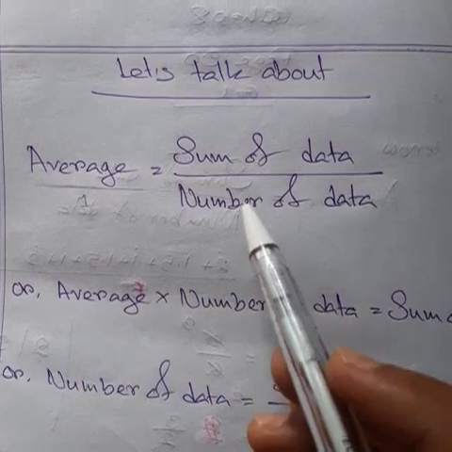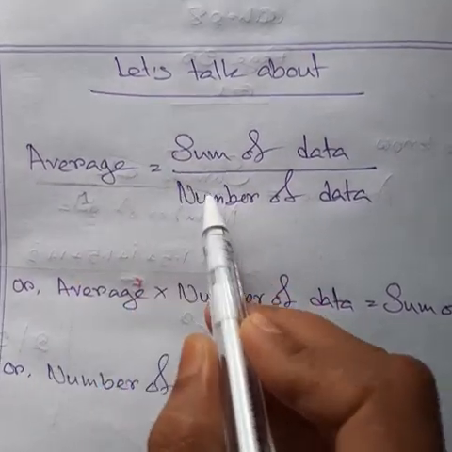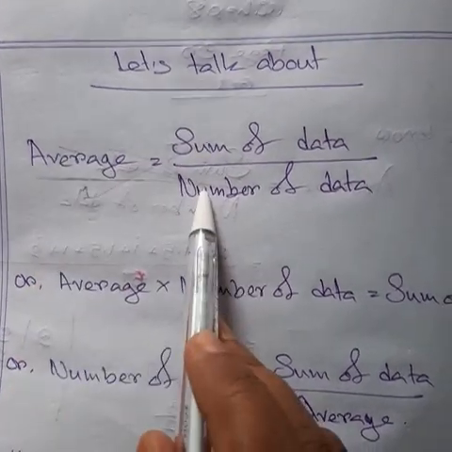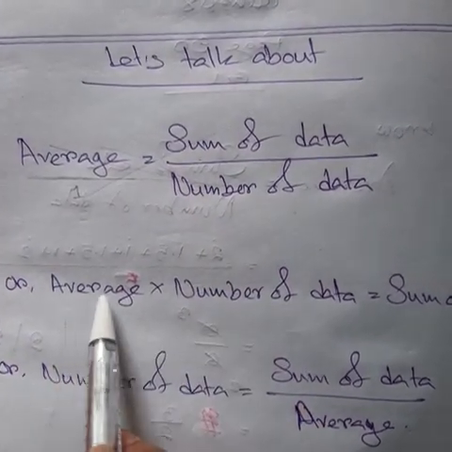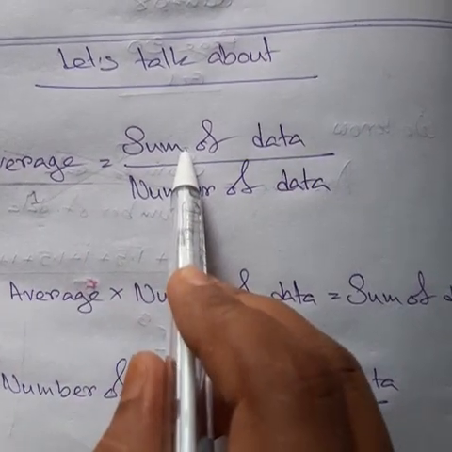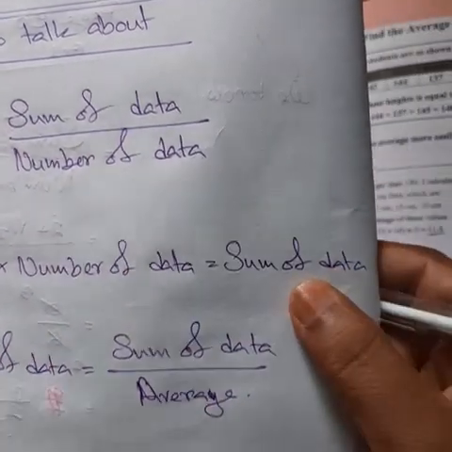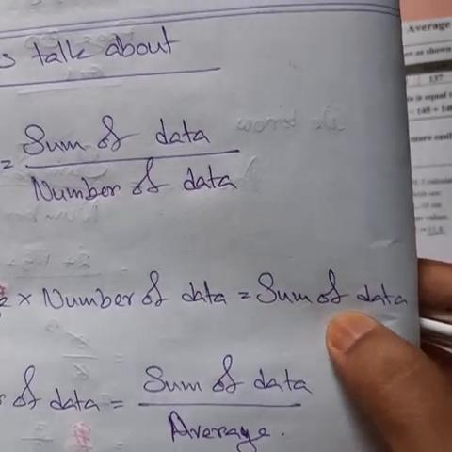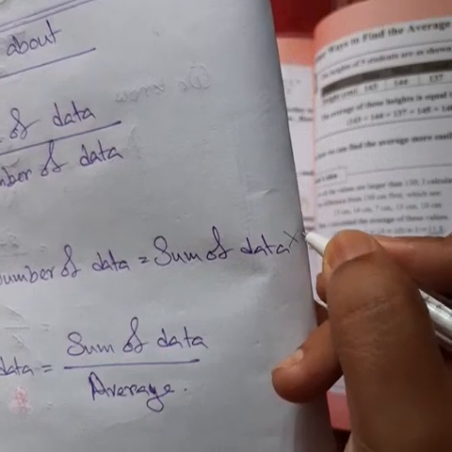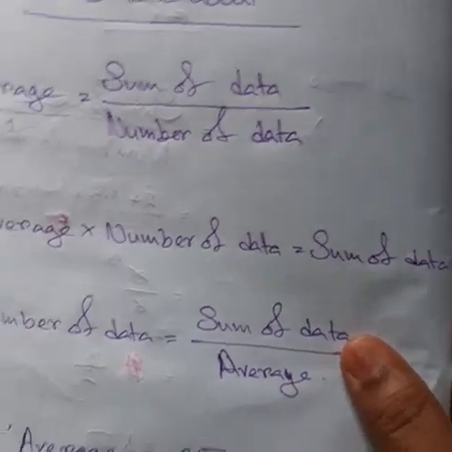If we multiply in the cross method this way and that way, what will we get? Average multiplied by number of data equals 1 multiplied by sum of data. If we multiply 1 with sum of data, the answer will be the same. I didn't have the place to write it over here, but we can write 1 over here also.